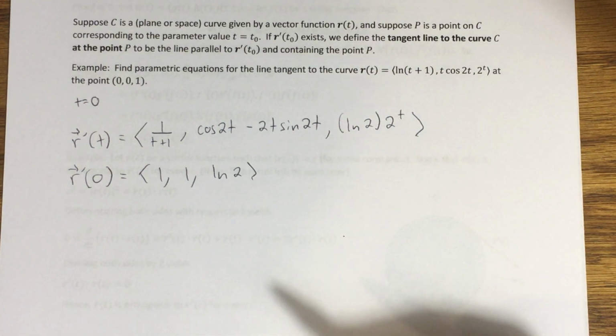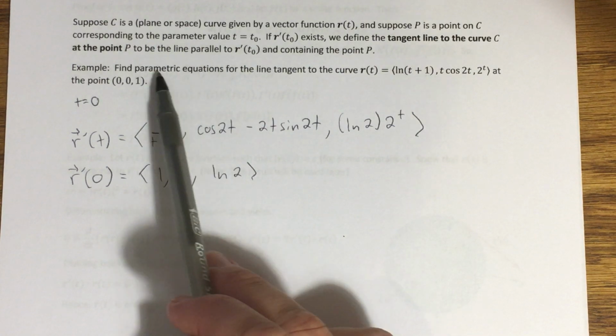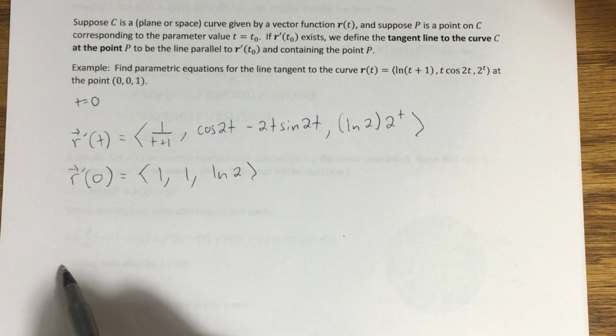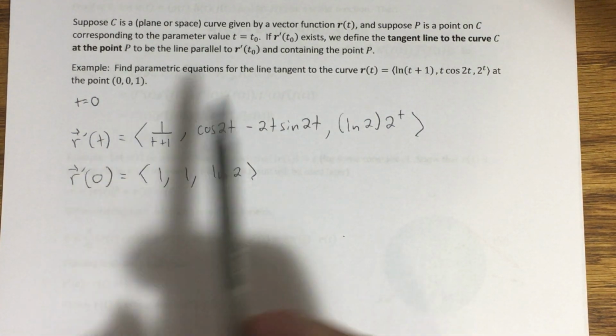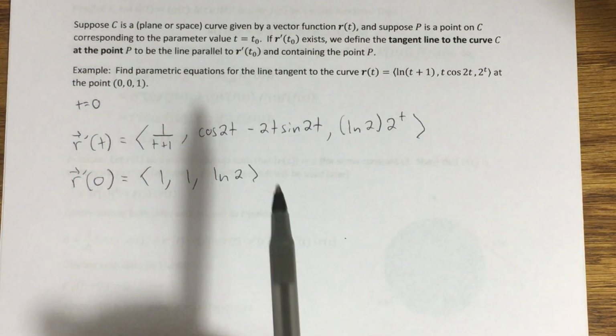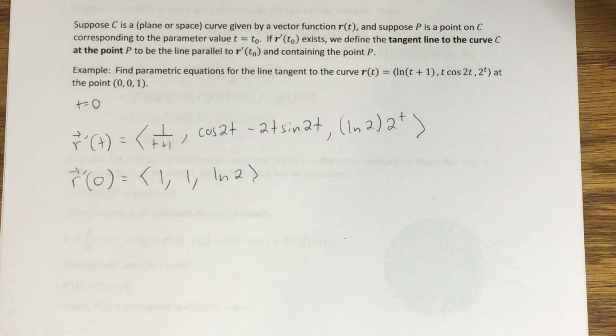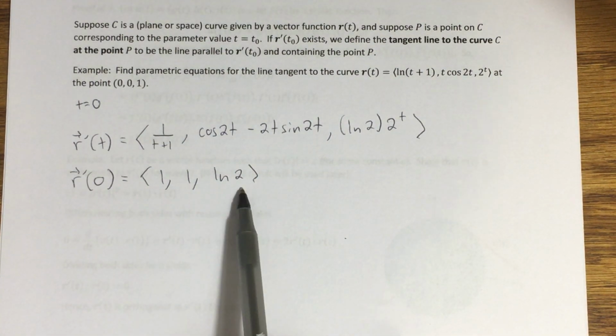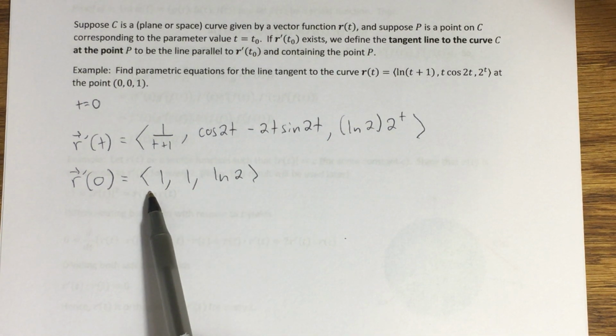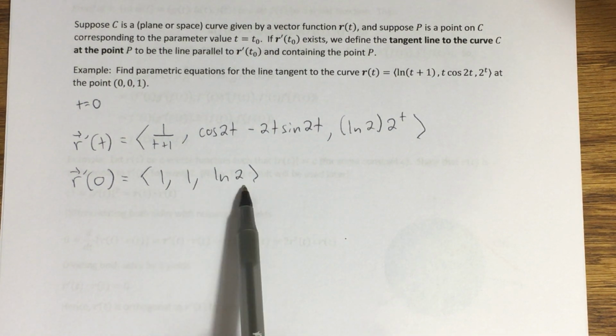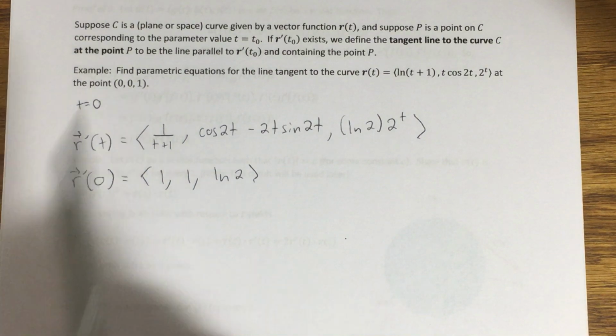Okay, so now let's look a little bit more specifically at what we're after: parametric equations for the line tangent to the curve at that point. Remember, in order to find an equation for a line, whether it's a vector equation, parametric equations, or symmetric equations, we need two things. We need a vector that's parallel to the line, and we have that here. And we need a point on the line, and we have that here.